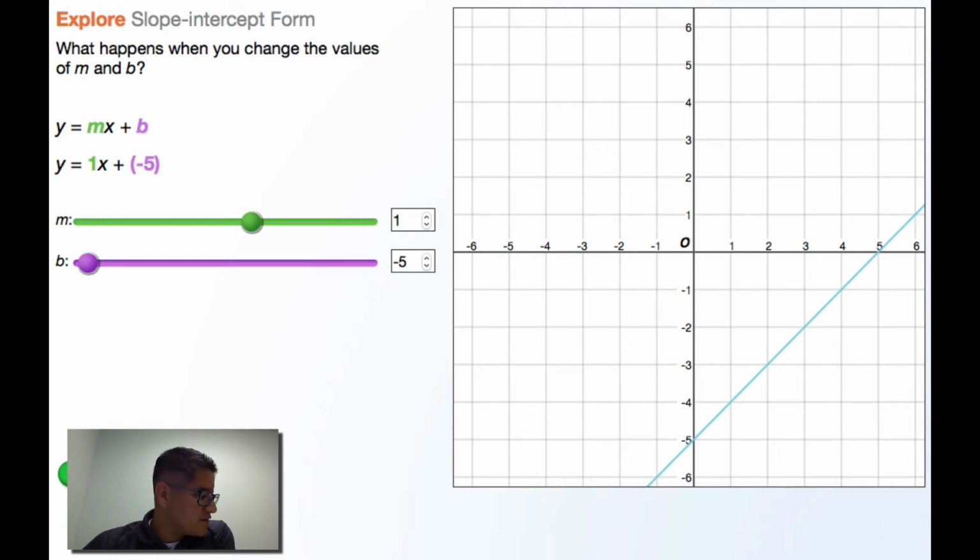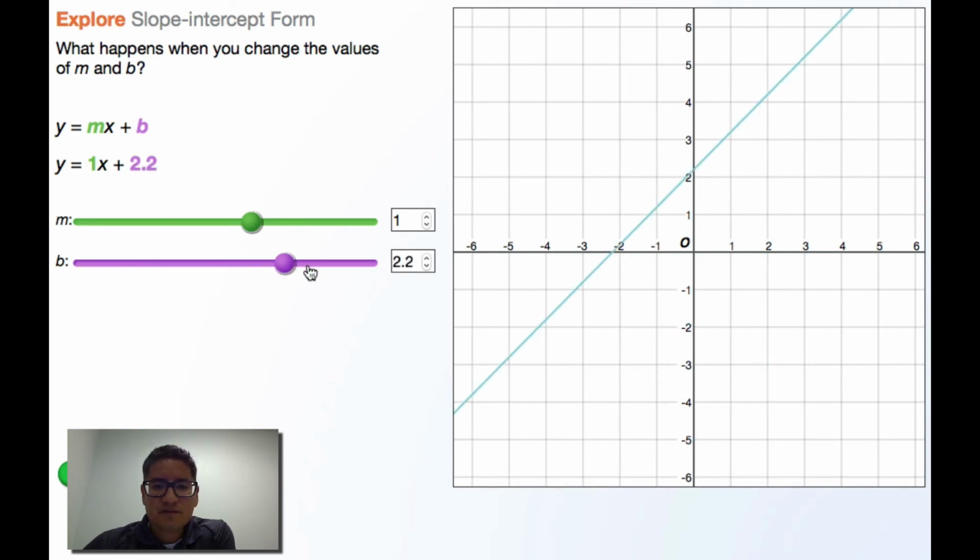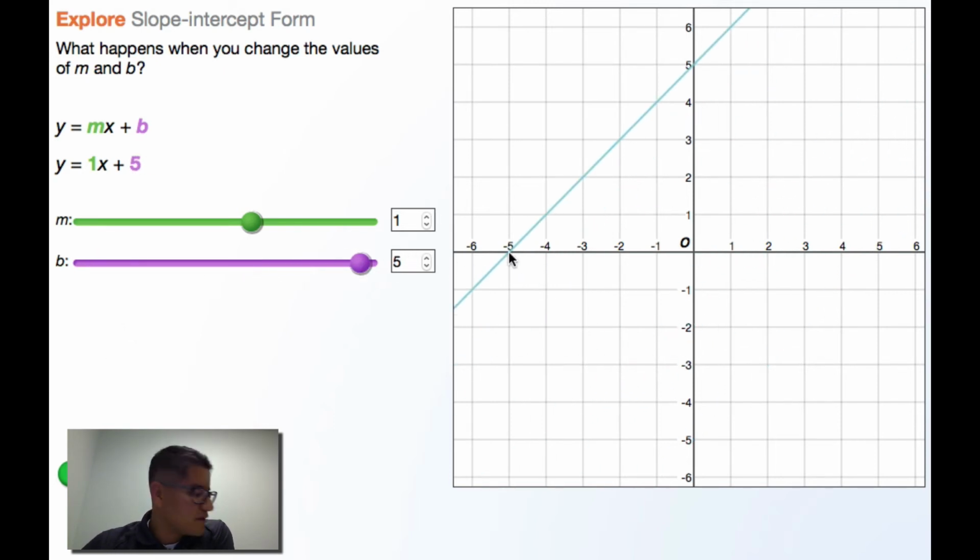But if I read it just as y-intercept, then plus 7 is way up here. So plus 7 means my y-intercept will be up here. My y-intercept will be plus 7, and my x-intercept will be minus 7.